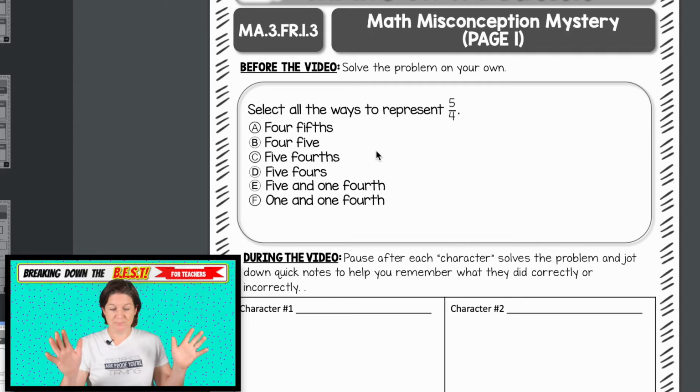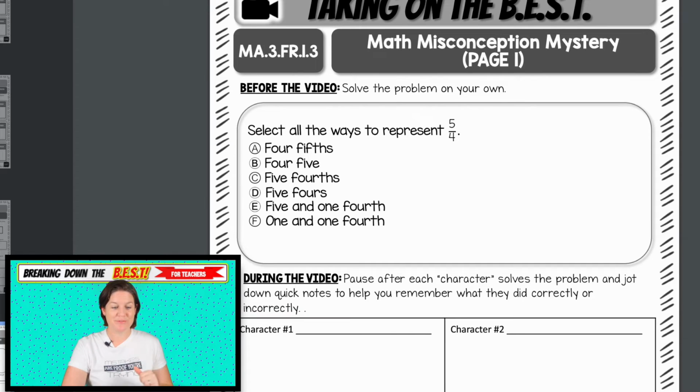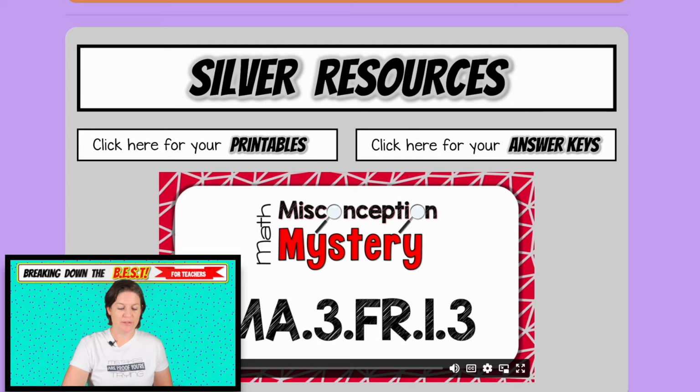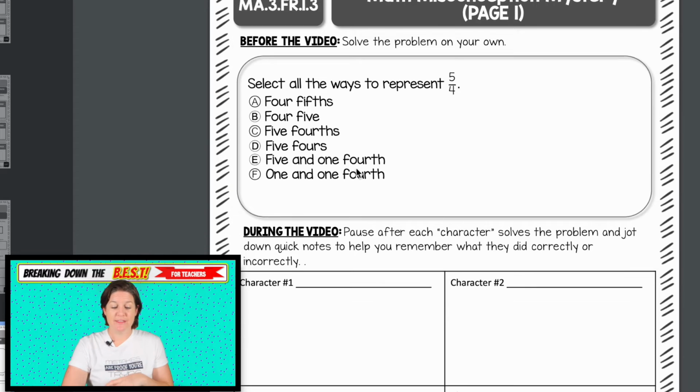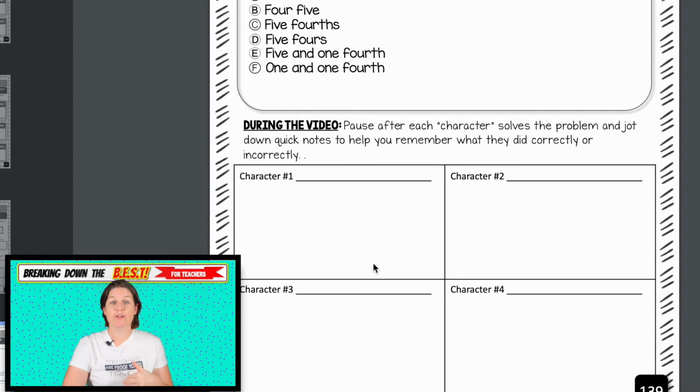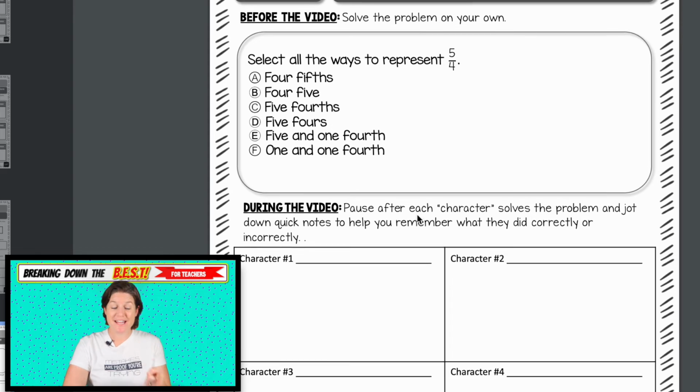So, this is a math misconception mystery episode. These are even more fun. So what you do is you just click play right there, and I will guide your students through the entire process. They get to be the detectives here. First, they'll solve the problem on their own, and then they will watch as 4 other characters also solve that same problem.